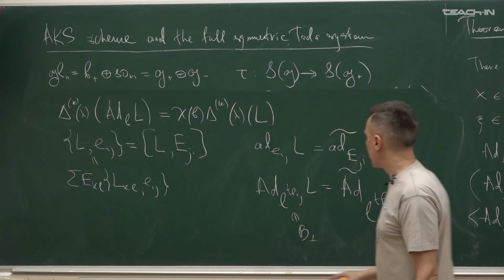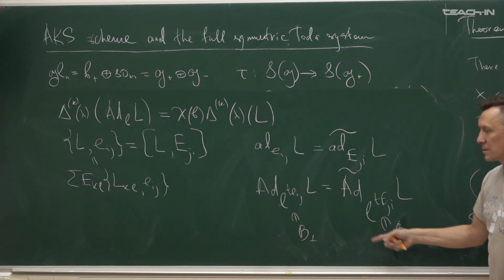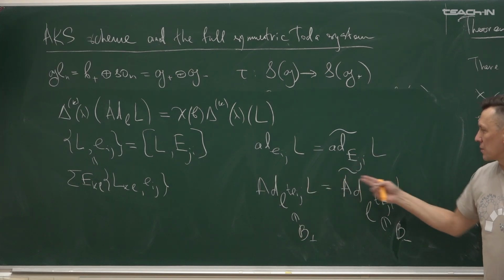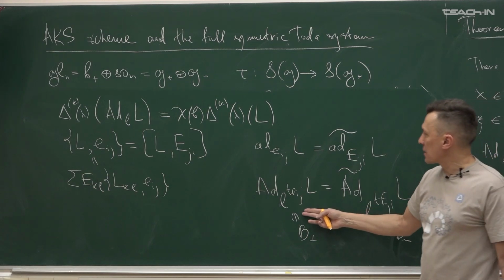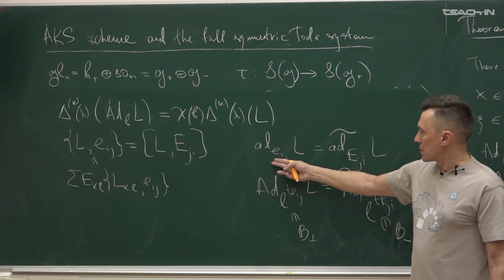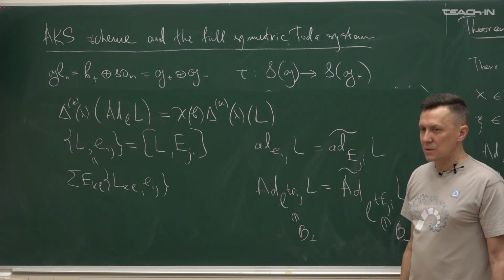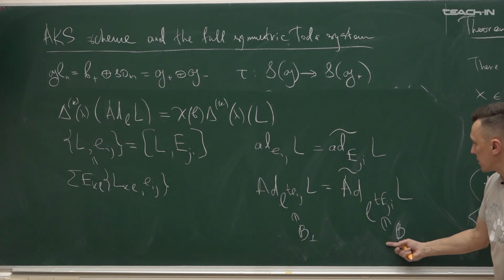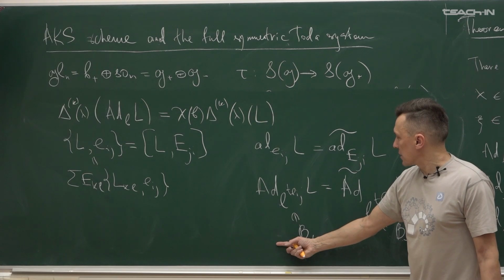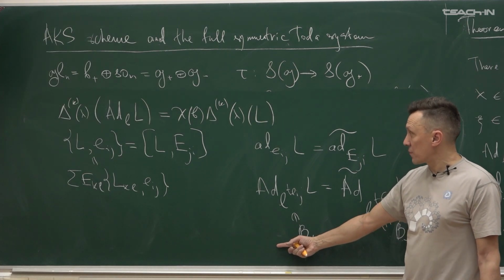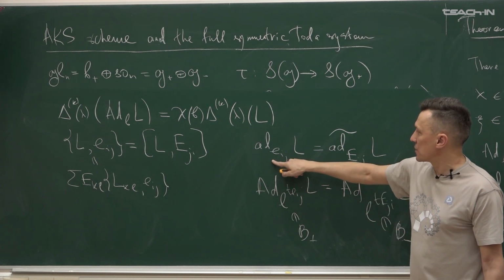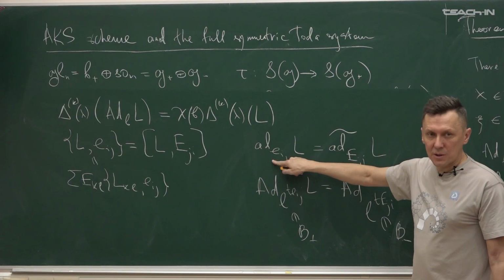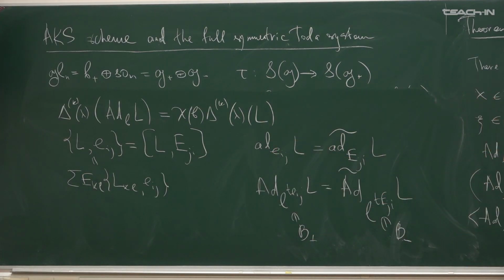Demonstrated this formula with this action. But now we know that this and this action coincide, and considering the infinitesimal version, I obtain this. So if this is true, then the action of this group preserves the ratios of coefficients, and it means that the infinitesimal adjoint Lie algebra action also preserves the ratios of coefficients.